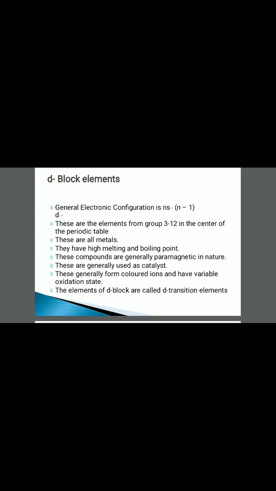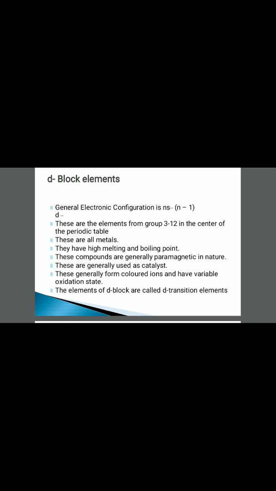Since the properties of these elements are midway between those of S block and P block elements, they are also called transition elements. All these elements are further divided into 4 series: first, second, third and fourth transition series, and these series will be studied in detail in class 12th.